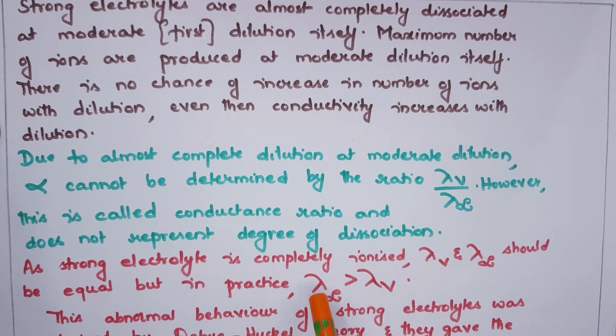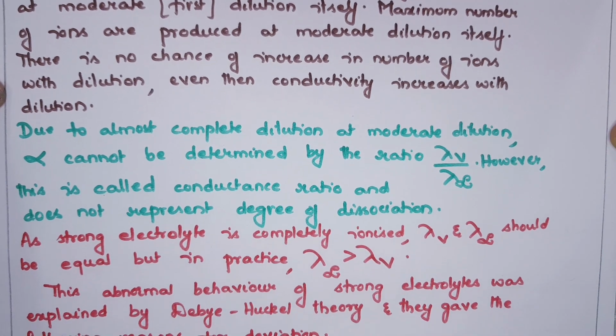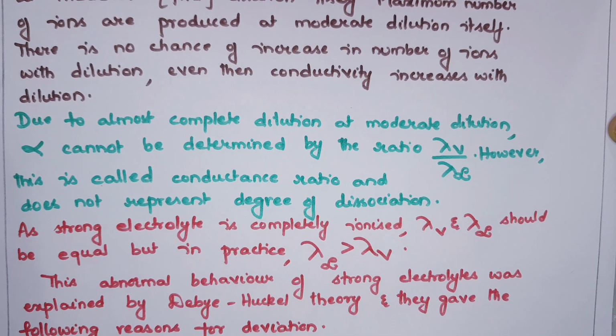Okay. So, in order to explain this abnormal behavior of strong electrolytes, Debye and Huckel proposed a theory, the Debye Huckel theory, and they gave various reasons for the deviation of strong electrolytes. Okay, students, here again, as strong electrolyte is completely ionized, lambda V and lambda infinity should be equal.